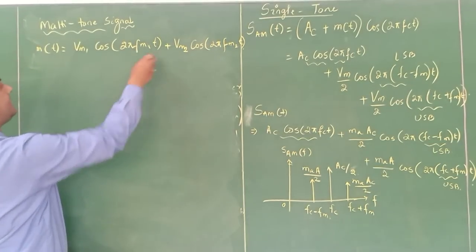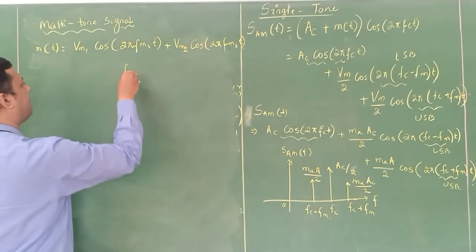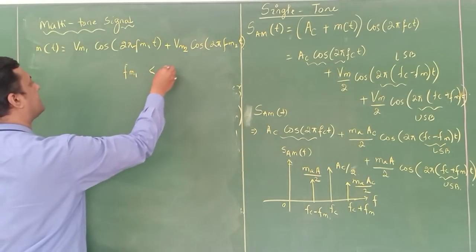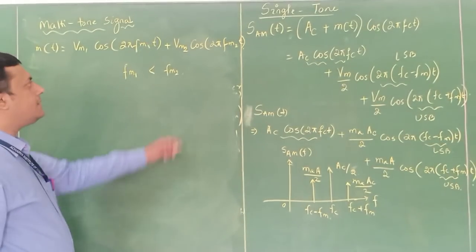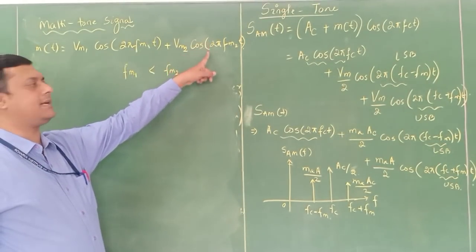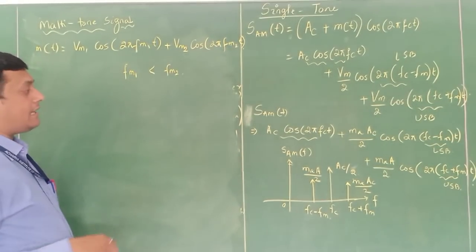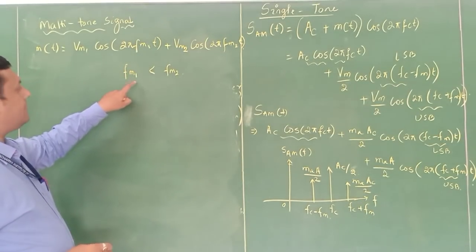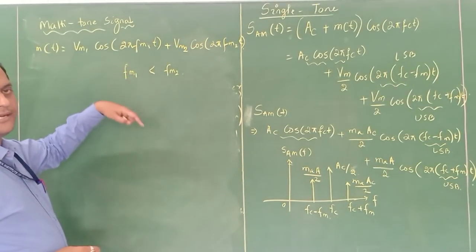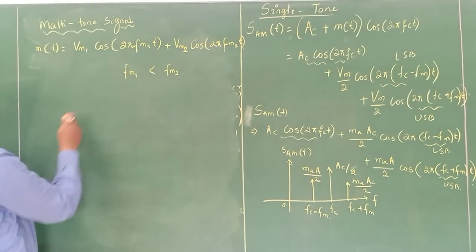Now the modulating signal has two different frequencies. What are the two different frequencies? Fm1, which is less than Fm2. So we have considered that Fm2 is greater than Fm1. And one more important thing I will tell later on about the transmission bandwidth. First we will discuss this, then we will write out the transmission bandwidth. So Fm1 is less than Fm2.